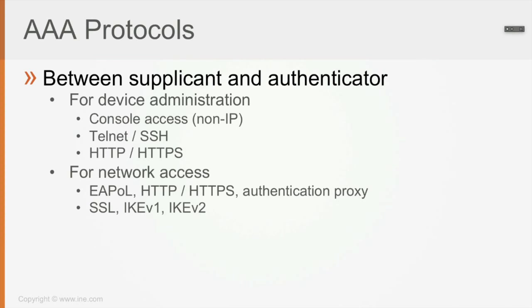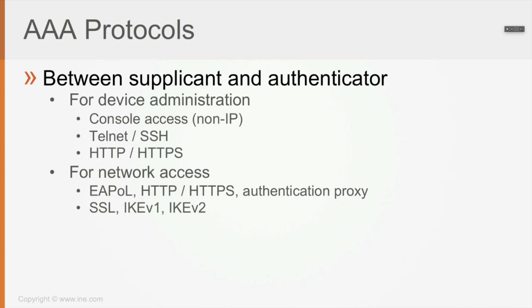If it's going to be remote administration, then the user is either going to telnet or SSH or HTTP or HTTPS to the remote device to manage it. If we speak about network access, when the user connects to a VPN, to a wired switch, or to an access point to gain network access, then the protocols can be EAP over LAN, HTTP, HTTPS, authentication proxy, SSL, IKEv1, IKEv2.